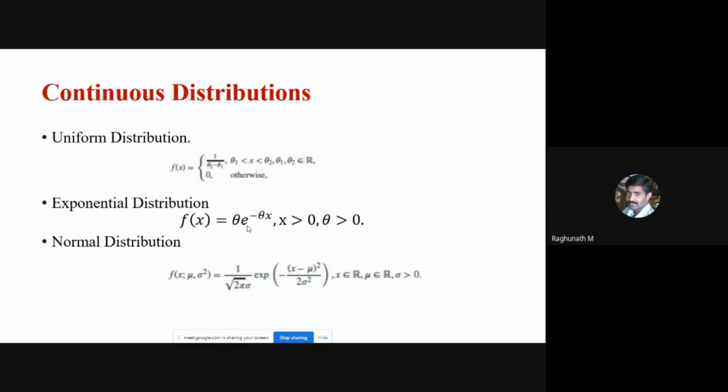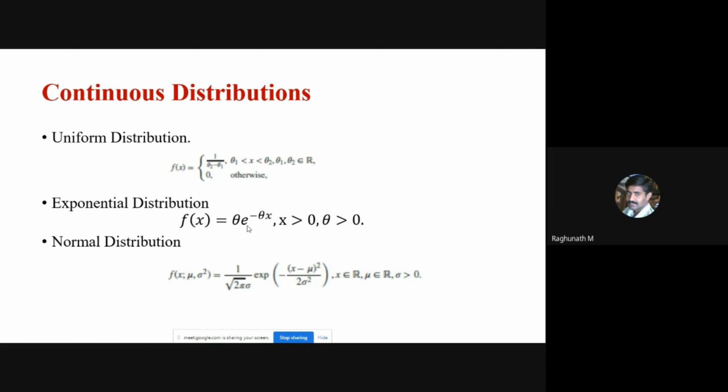Hence it is always a best practice to plot these functions and see how they behave, whether discrete or continuous. So now we shall take them one by one, plot these distributions, and see how the pattern looks.